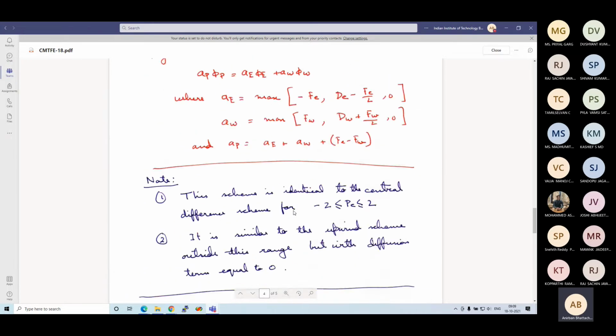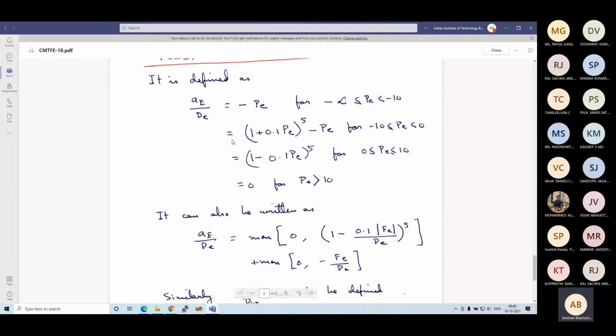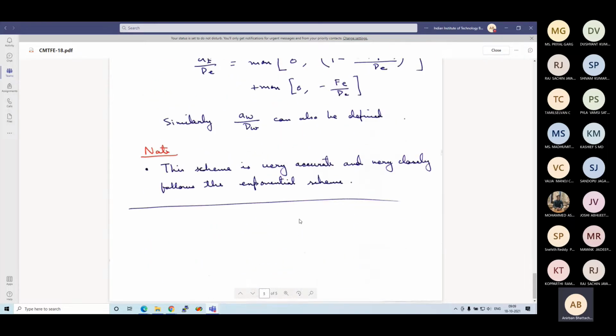To avoid that, a more accurate scheme was introduced, which is known as the power law scheme, which is given by four curves. Two of them are straight lines and two are fifth order terms.